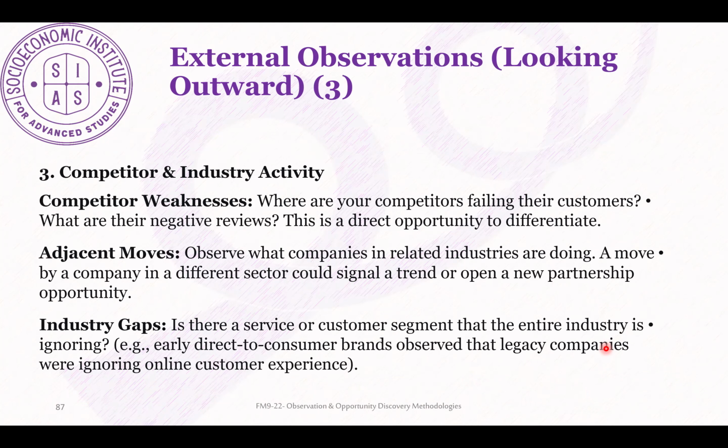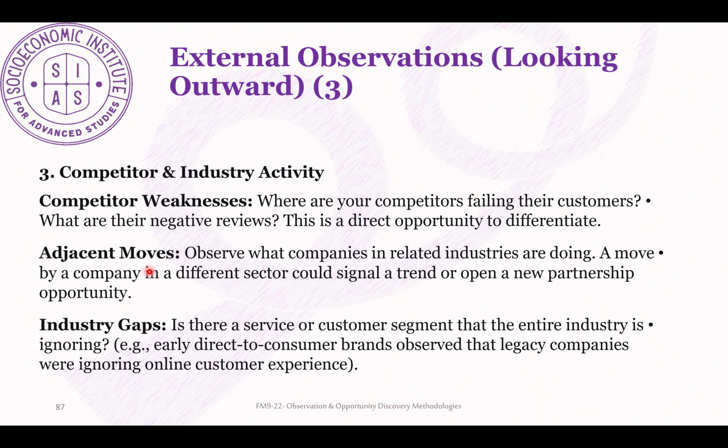The other thing that we can use for external observation is competitors and industry activities. Competitor weaknesses: where are our competitors failing with their customers, or what are their negative reviews? This is a direct opportunity to differentiate.